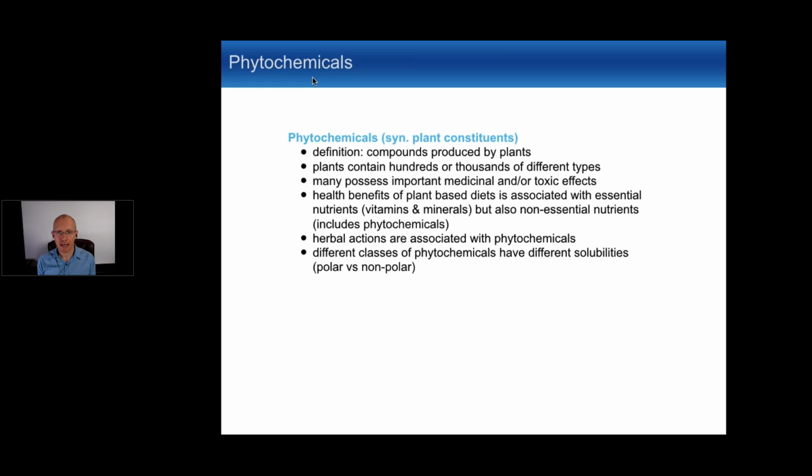Some of them may be produced by animals as well, or insects and other organisms. But we're going to focus on the ones that are produced by plants. And as I mentioned earlier, plants make hundreds or thousands of different types of phytochemicals, and the medicinal properties associated with the plants are linked to these phytochemicals.